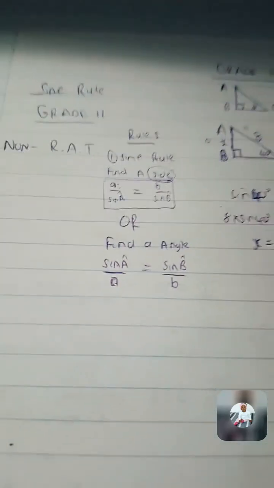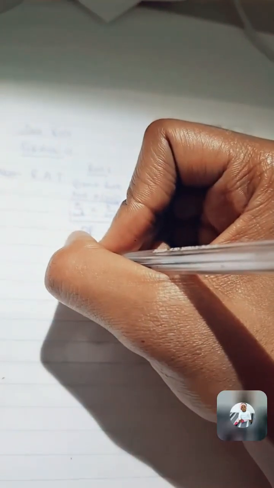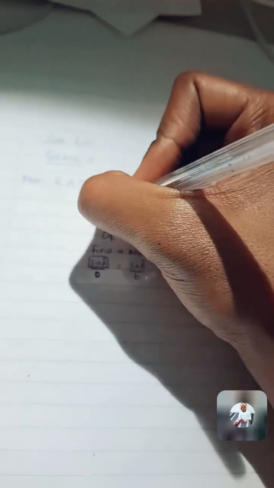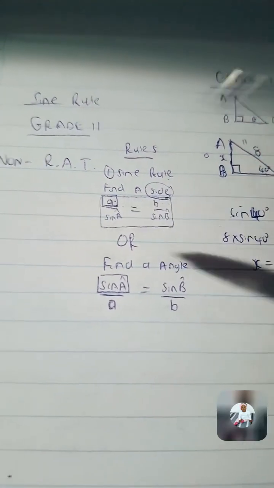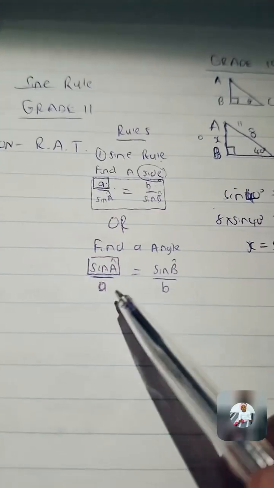So the angle should be our numerator. And you know what? The one you are looking for goes at the left, at the top. So that it makes life easy.